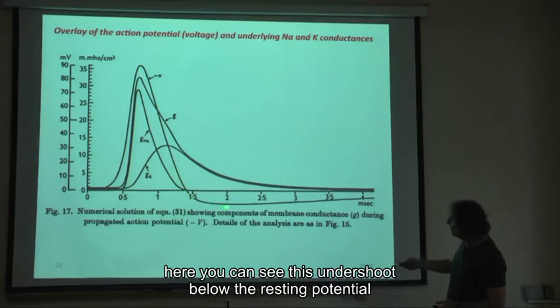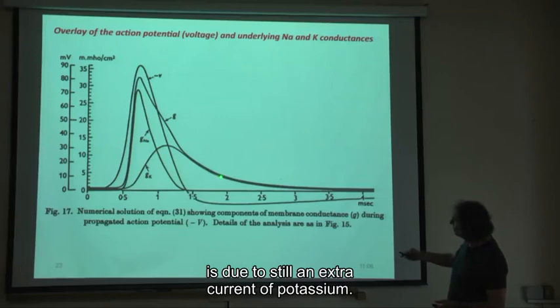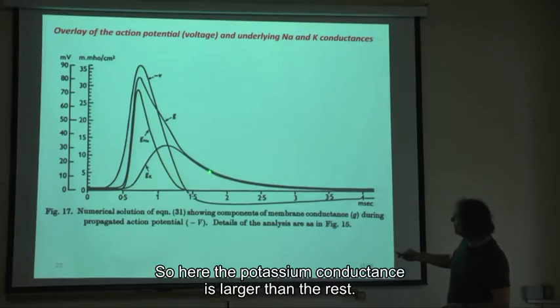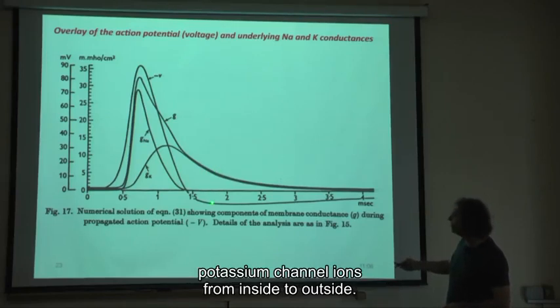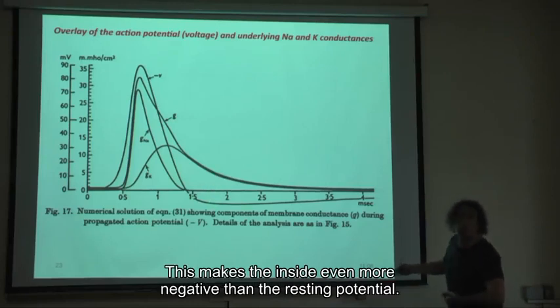And here you can see this undershoot below the resting potential is due to still an extra current of potassium. So here the potassium conductance is larger than at rest. This extra potassium conductance enables the flow of potassium ions from inside to outside. This makes the inside even more negative than the resting potential.